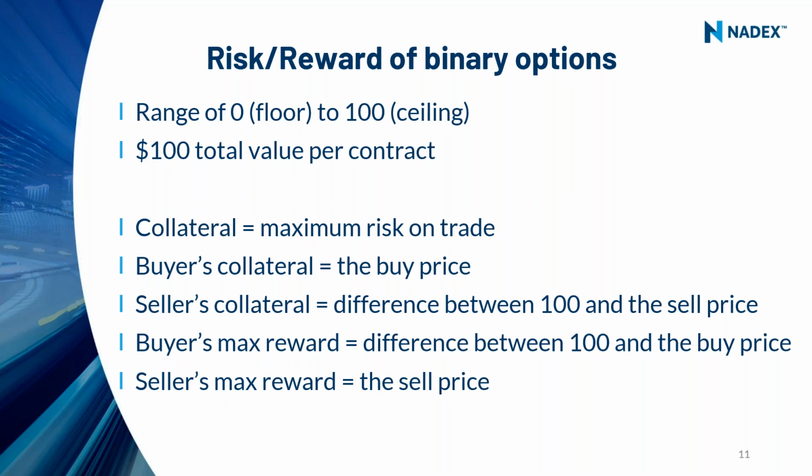So if I buy a binary option for, let's use an example, 30, there's only a 30% chance that it will go to 100, at least according to the market. Your prediction is your opinion, but I would only have to pay $30 for that contract. That is the most I can lose. If I bought it, the worst case scenario is it goes to 0 because it's false, and I can't lose any more than the $30 I put in.